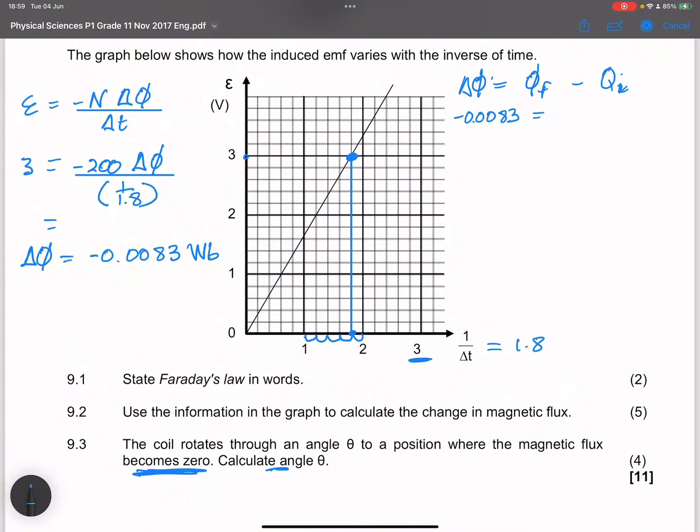Okay, now how do we calculate the magnetic flux? So this is going to be B multiplied by the area, the cos of the angle. So that's final minus initial, B times A cos of theta, right? That's for the initial one, and that is the final one.